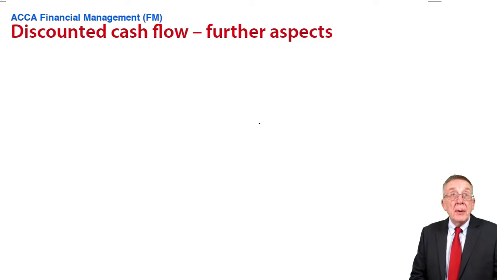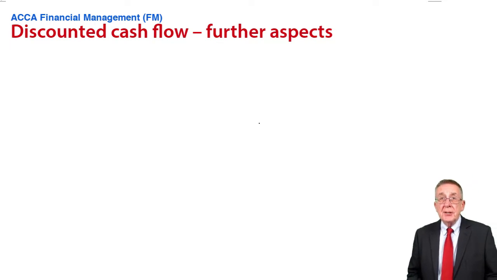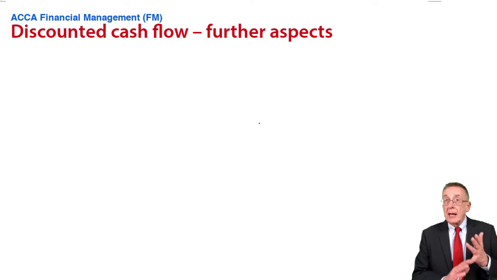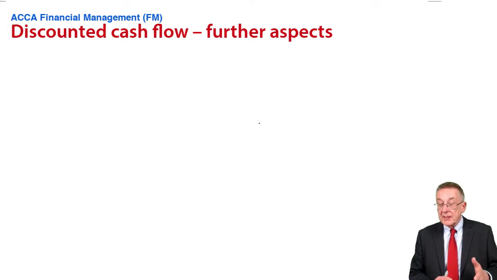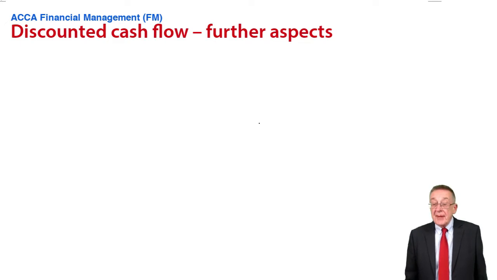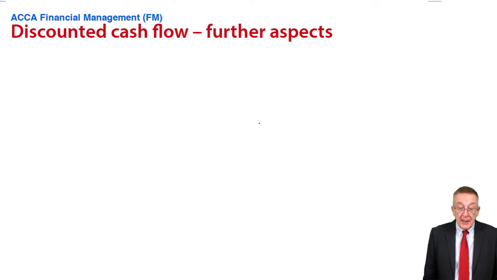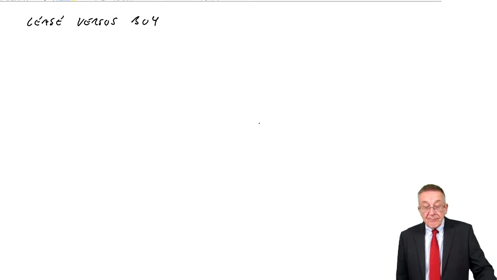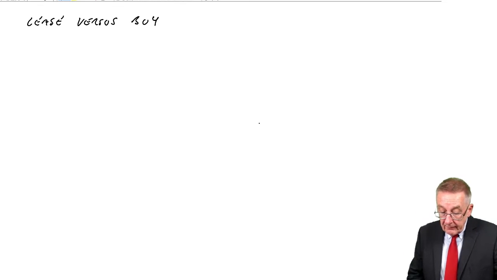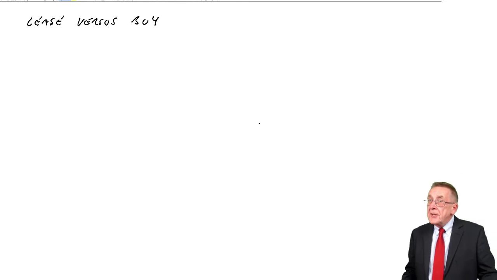All right, this is the last lecture on chapter 9, where, if you remember, we're looking at these three special situations: capital rationing and replacement, which we've already dealt with, and the last one, lease versus buy. Watch me carefully as I go through.